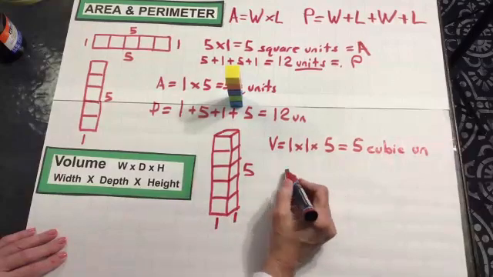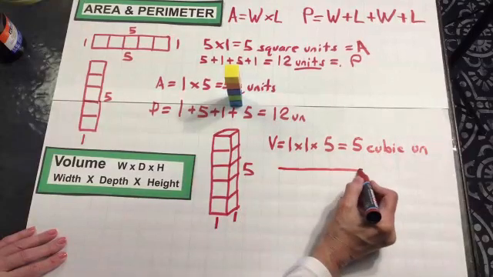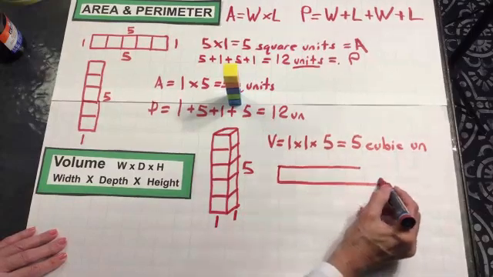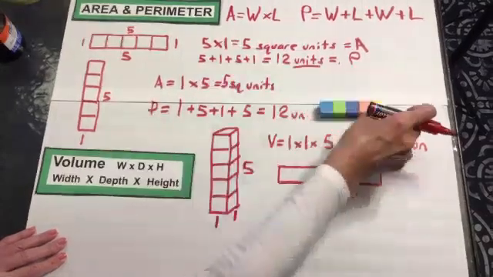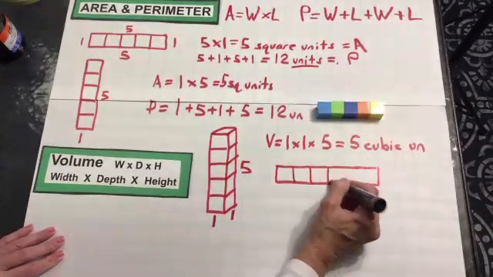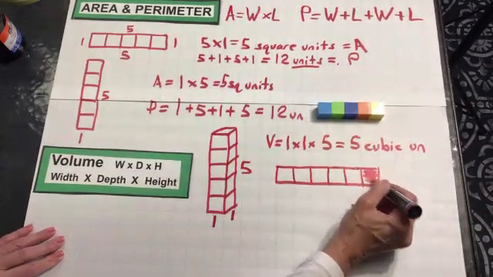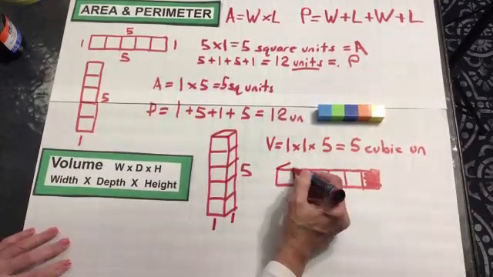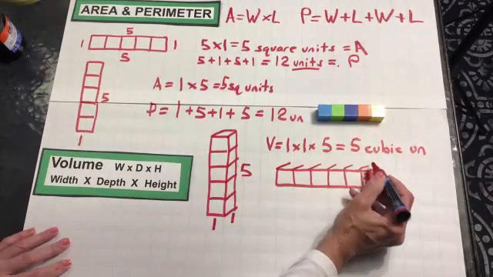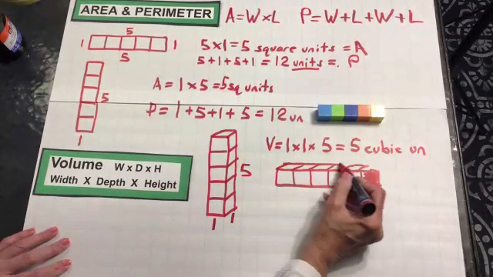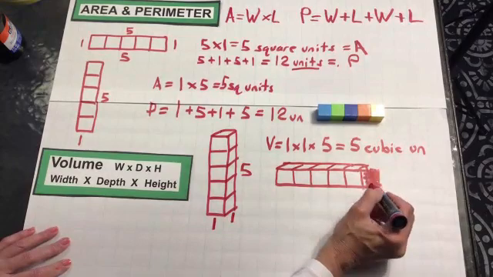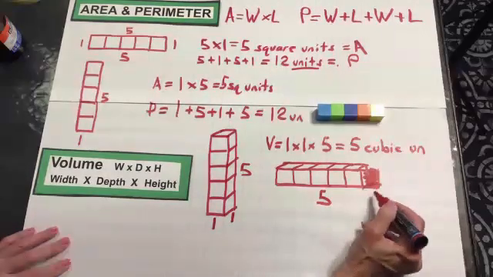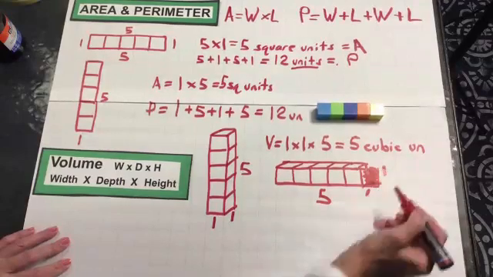Now we can also take the same one and draw it horizontally. So go ahead and lay yours down. So this would be laying it down. Whoops, ignore that. I overextended my 5. And then so now this is 5 across by 1 deep by 1 tall.